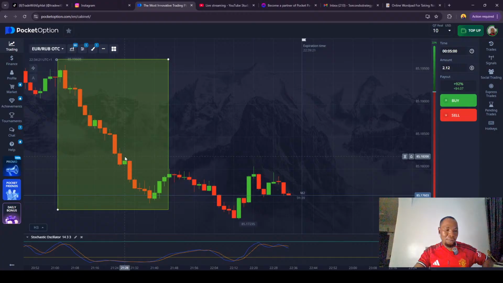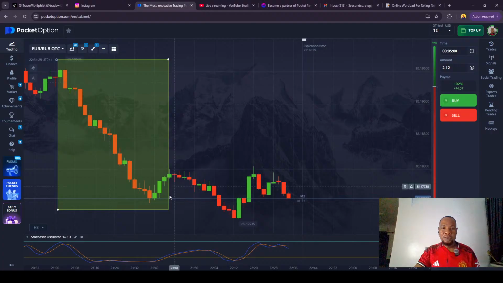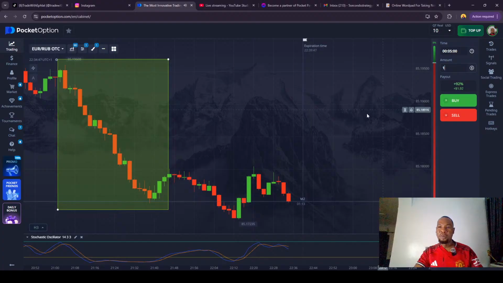So if I'm able to follow this trend right from the top to the bottom, I should make profit. If I enter about 15 trades, I should lose only 3 and make profit in like 12 of the entries. So that's a good profit for us.